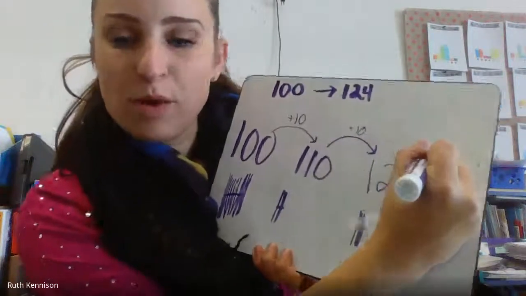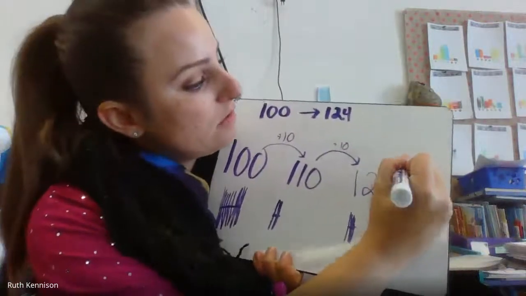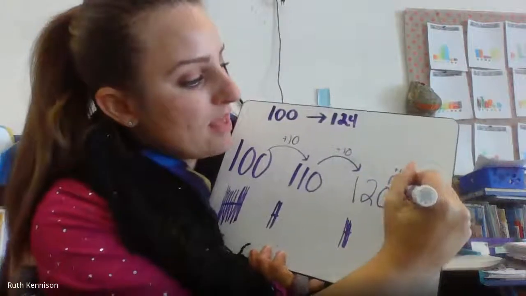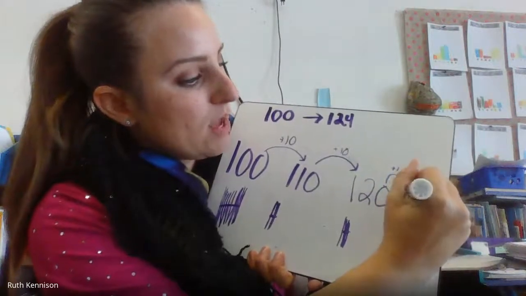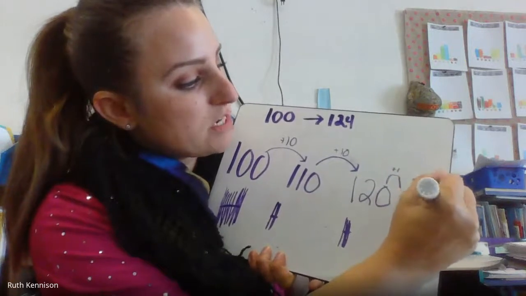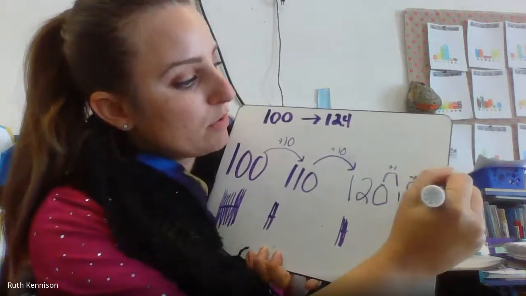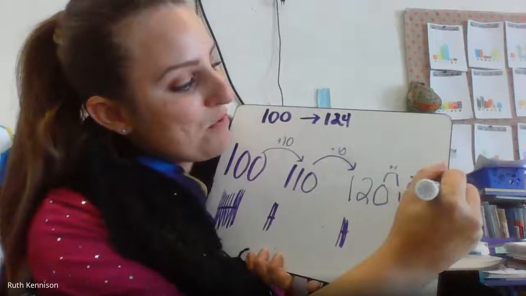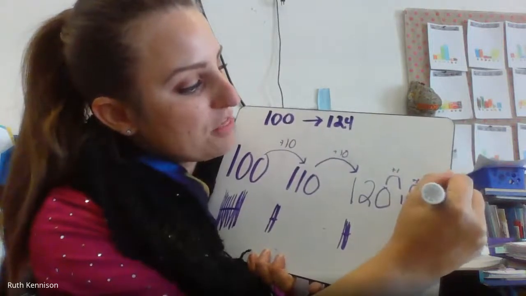So I need to count by ones. So I'm going to say plus 1. That's going to take me to 121. I'm going to go one more. Now I'm at 122. Oh, I'm going to run out of room. One more, 123.